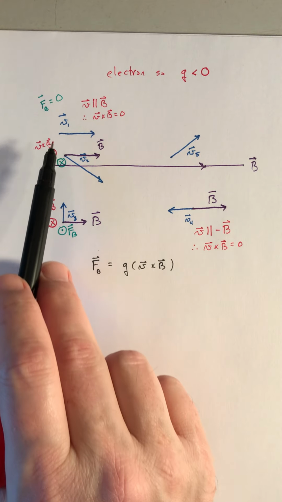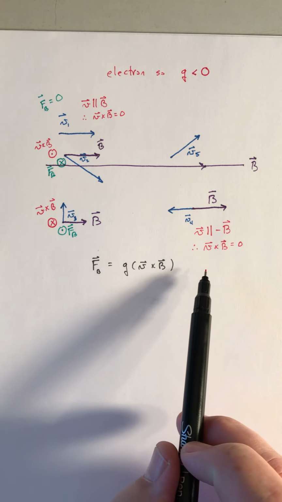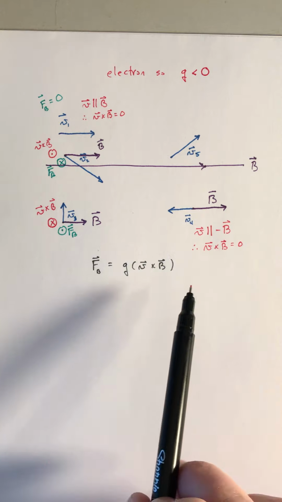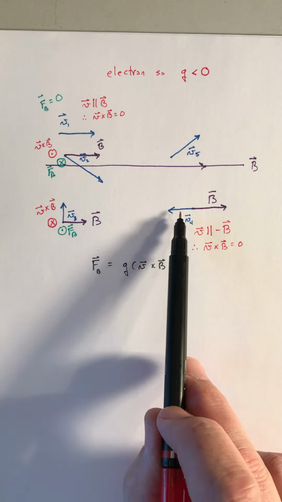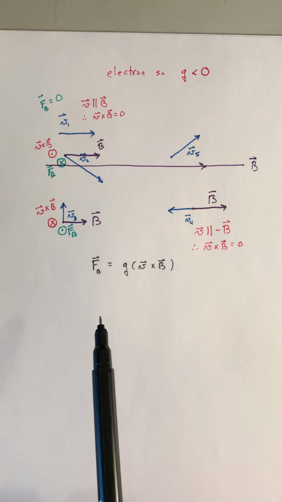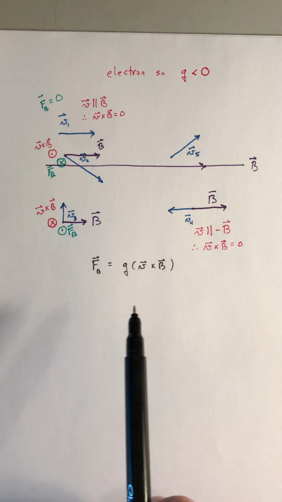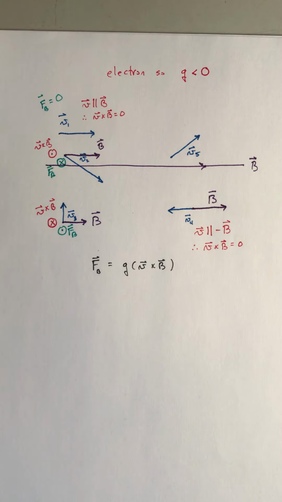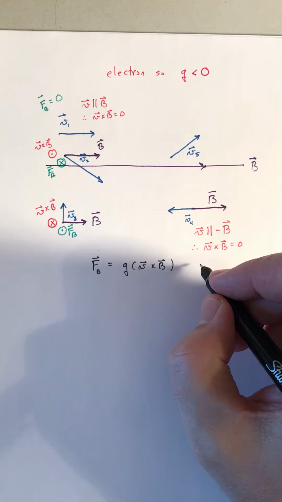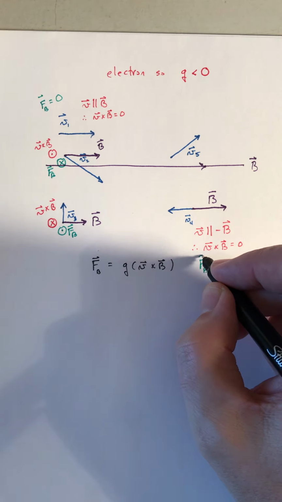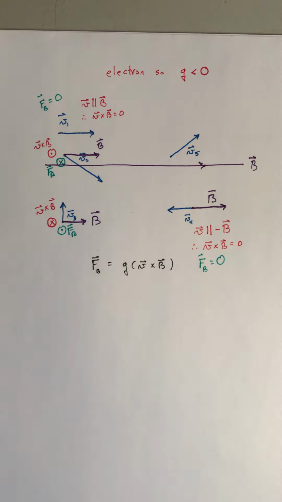So the same as with particle 1. There is no direction that I can specify that's going to be perpendicular to 2 vectors that are pointed in opposite directions. So V cross B vanishes, and therefore the magnetic force is 0.